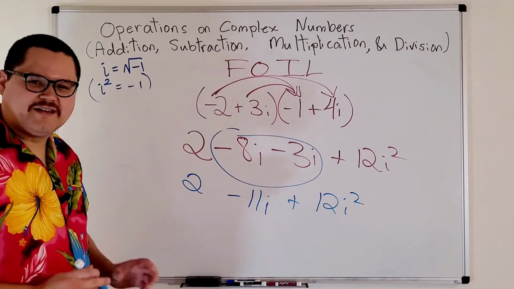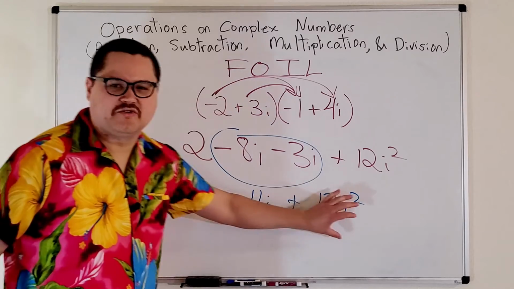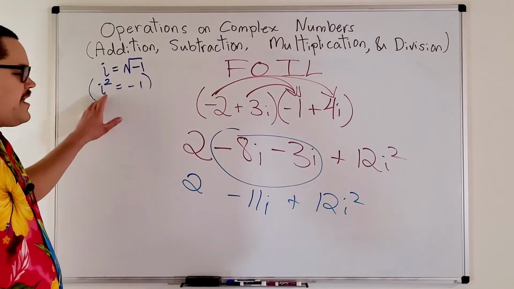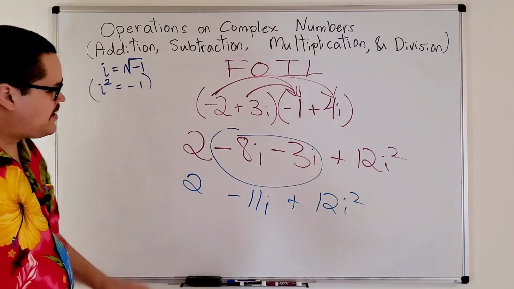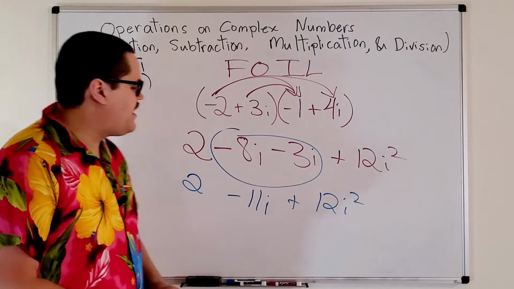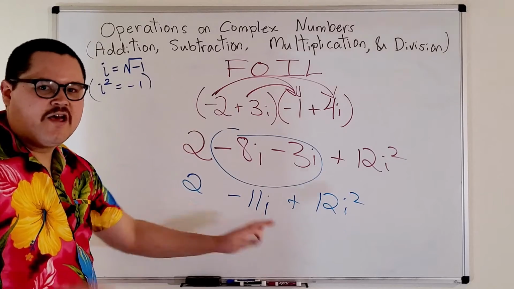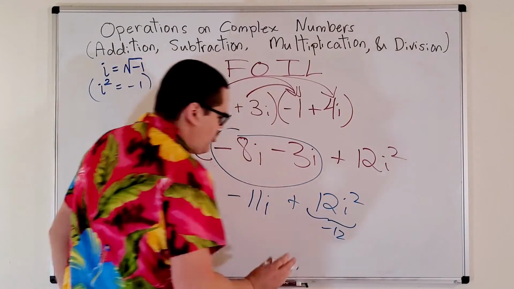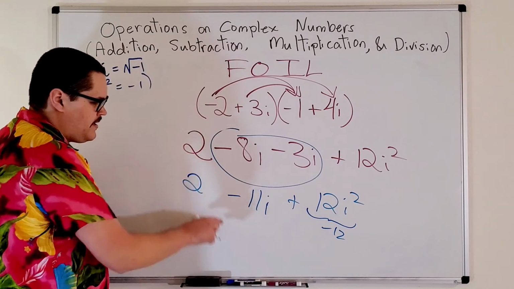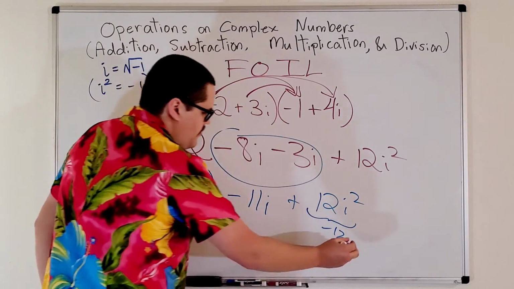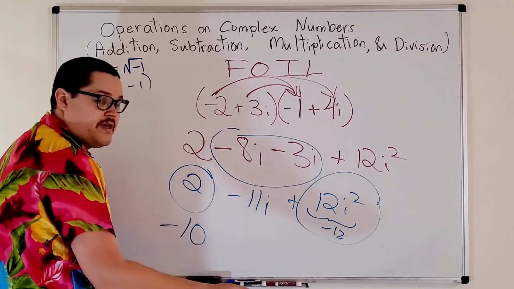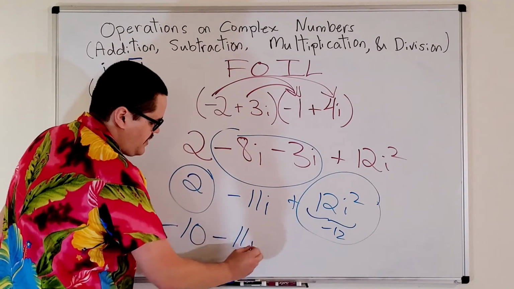So secretly, the first and the last terms are also like terms. So don't forget, i squared is negative 1. So 12i squared is 12 times negative 1, which is negative 12. So this whole thing simplifies because we can combine the 2 and the negative 12, make negative 10, and then we have our negative 11i.